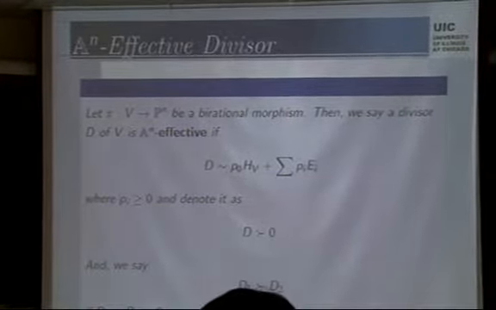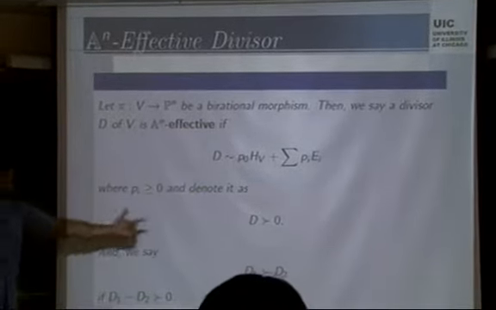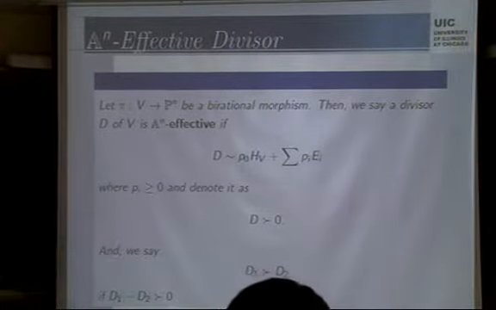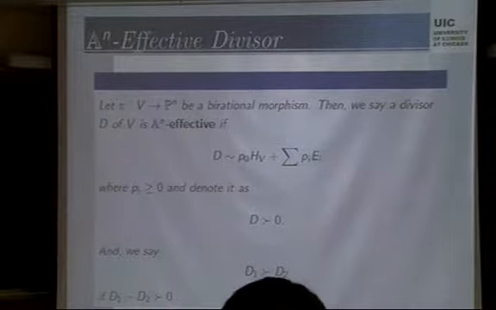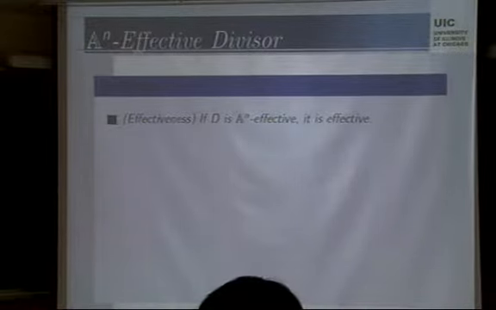Now we say if D is greater than 0 in such a sense, then we say it is affine effective, and we say D1 is greater than D2 if D1 minus D2 is an affine effective divisor. Then that's an effective divisor. If we have an affine effective divisor, which is a positive combination of effective divisors, so that's an effective divisor. So we might use this property in the height machine.